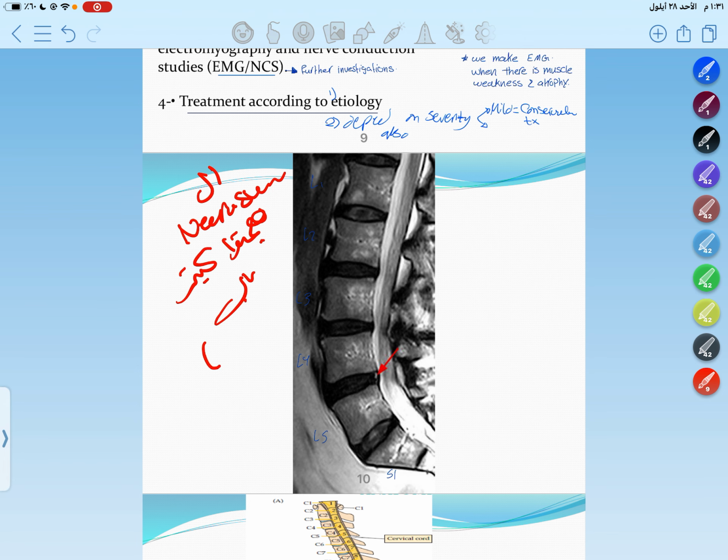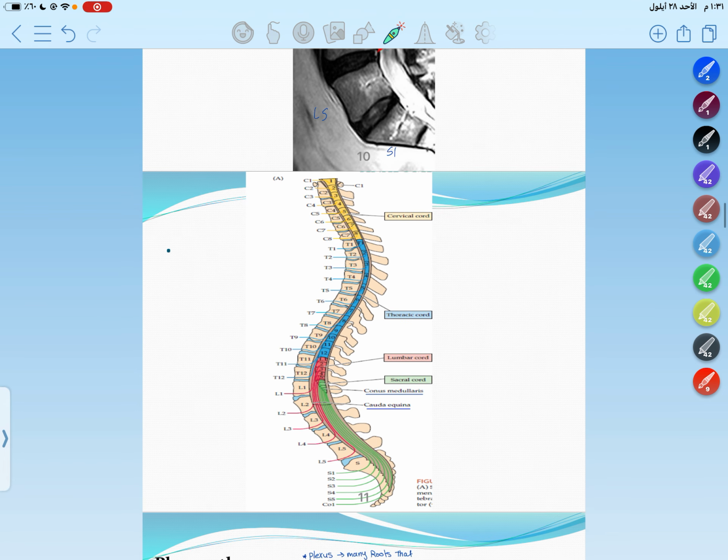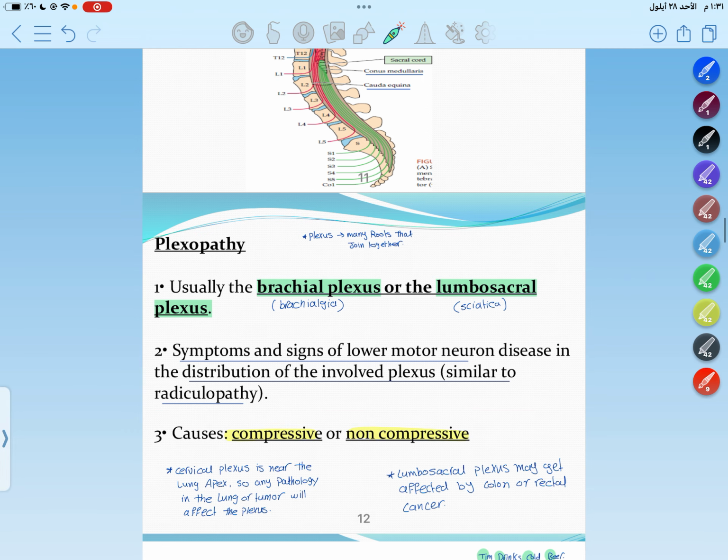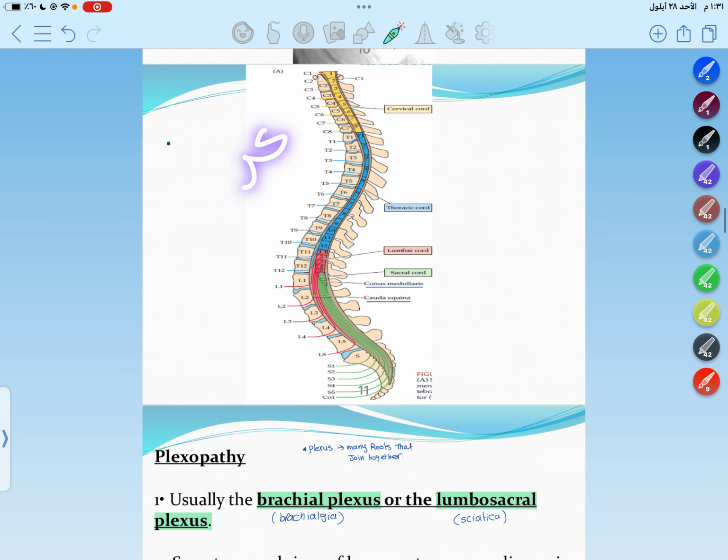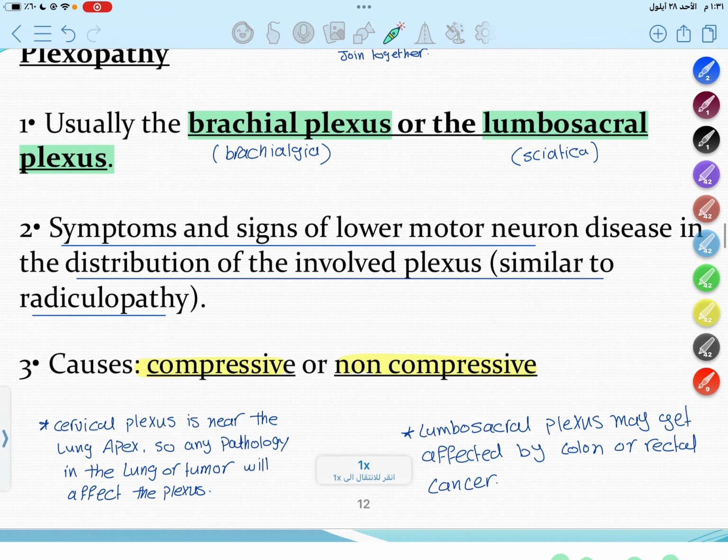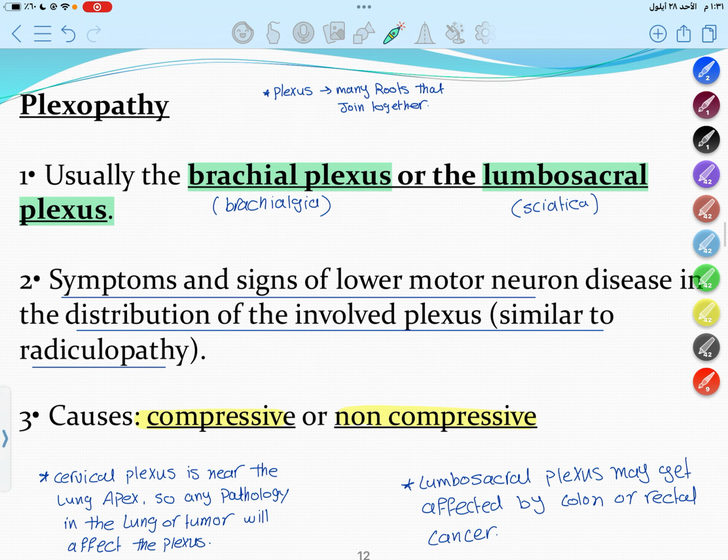Okay. What about the plexus? The same thing. Plexopathy is like radiculopathy. It could affect the neck, the brachial plexus, or the lumbosacral plexus down below.